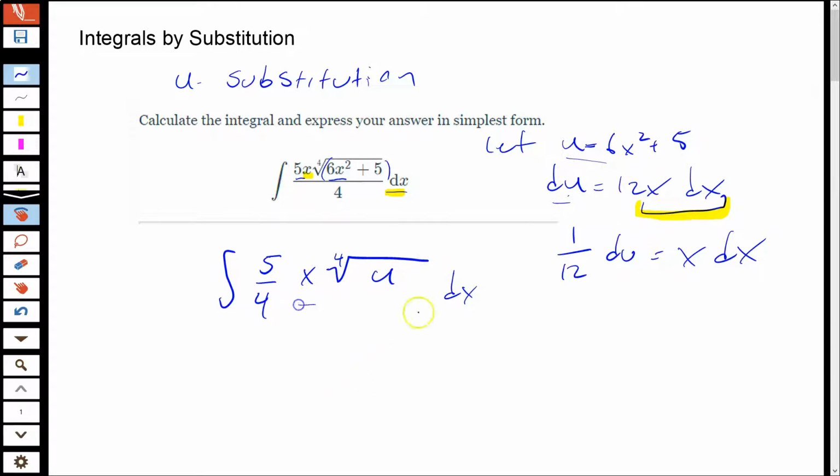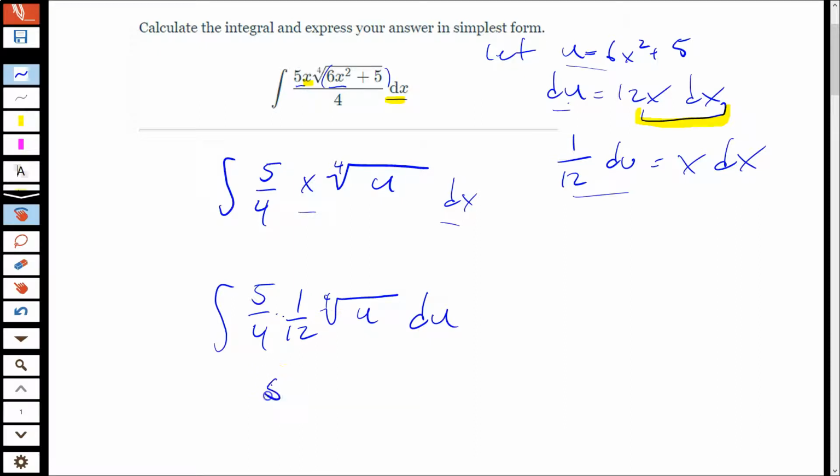Then, again, x dx is 1/12 du. So I'm going to say 5/4 times 1/12. I'm going to write the du over here because that's the convention we write at the end. And then fourth root of u. And suddenly this has just become a power rule integral, right? So that's pretty cool. We've massively simplified this.